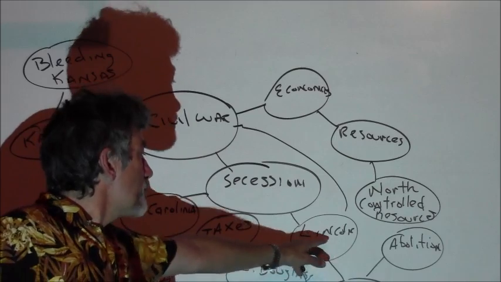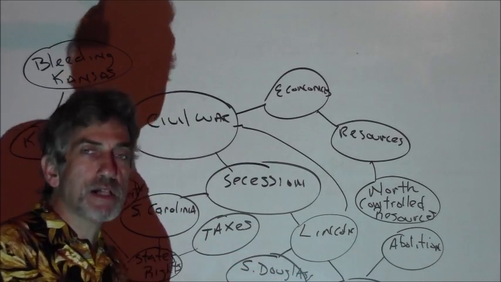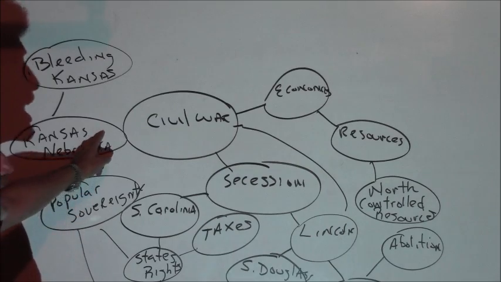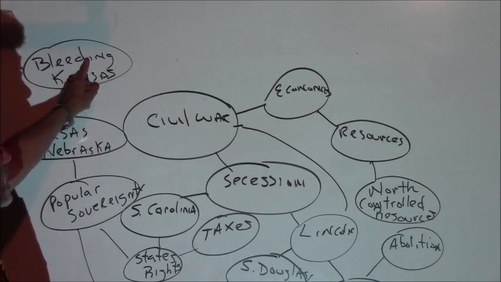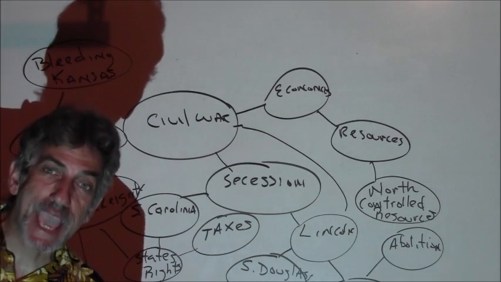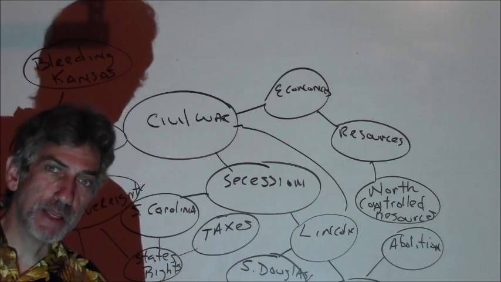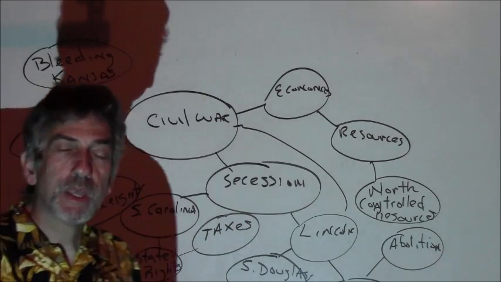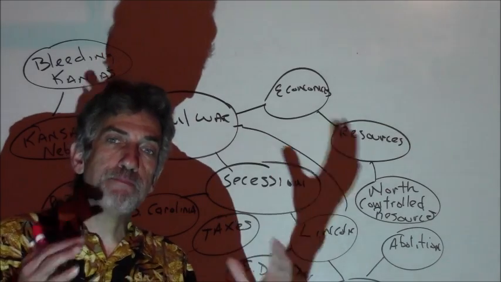The alternative to Abraham Lincoln was Stephen Douglas. Stephen Douglas was all for popular sovereignty. We see that popular sovereignty in Kansas, Nebraska, but it didn't work out too well because we have Bleeding Kansas. And Bleeding Kansas is really a microcosm of what will become the Civil War. You can keep going like that and make it bigger and bigger.